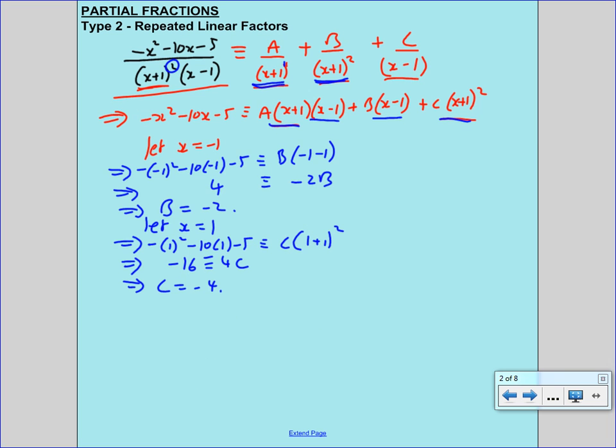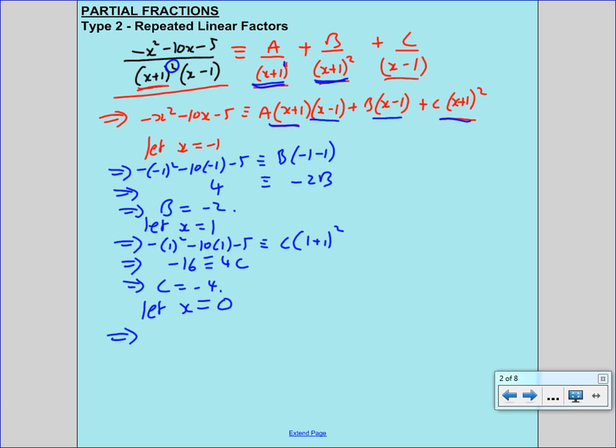But this time, I haven't got anything left, have I, to let x equal to reduce all this stuff to 0. So what I can do is, I can let x equal anything else, and then I can use my previous results, B and C, to find A. So the most obvious thing to use is to let x equal 0, because it makes much less calculation for me.